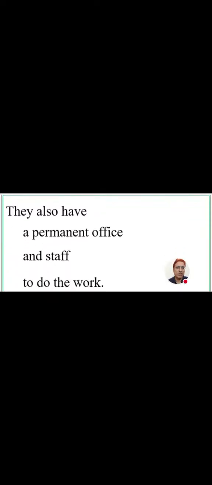Governments are powerful, and IGOs usually last longer than some of the NGOs. IGOs meet again and again at fixed times. They have clear rules for making decisions. And IGOs also have a permanent office and staff to do the work.